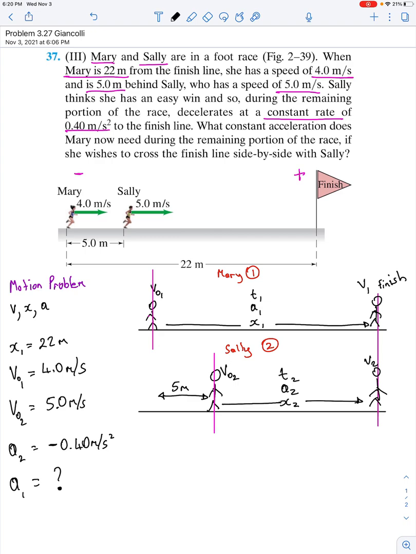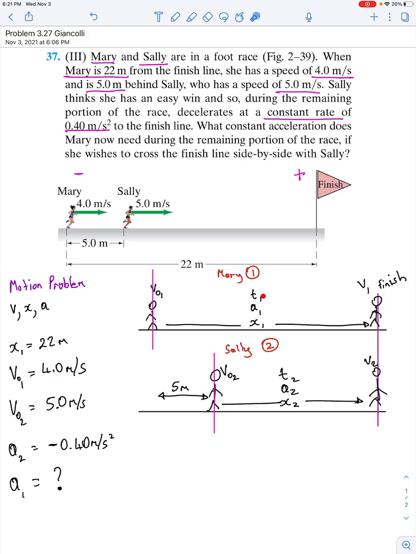So let's go through this real quick. You have to know what v01 represents. You have to know what t1 represents. You have to know what a1 represents. You have to know what x1 represents. You have to know what v1 represents, right? So v01 represents the speed that Mary's going at when she's 5 meters behind Sally.